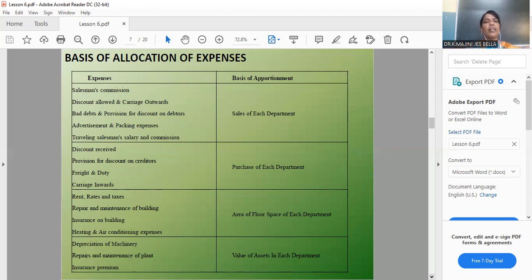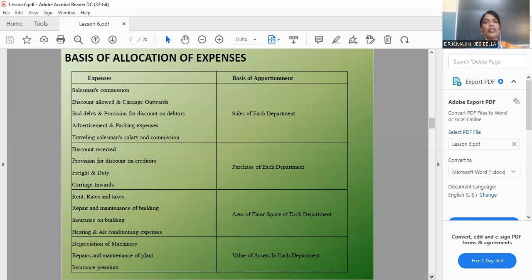Then we can move to the rent, rates and taxes. The companies are paying rent, rates and taxes for their organization, right? So here we can see how they apportion their rent, rates and taxes. That is based on the area of floor space of each department.